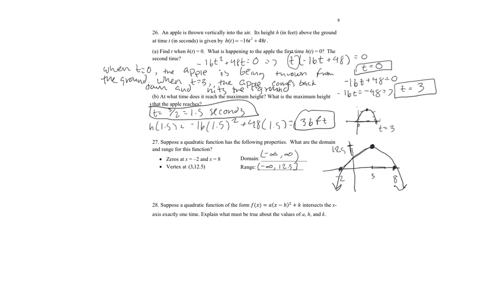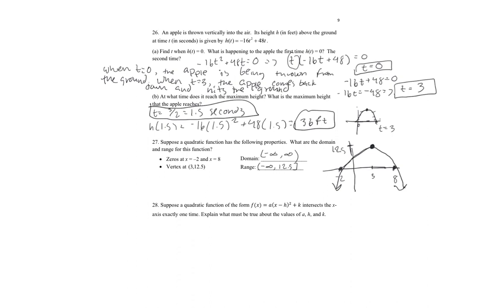Okay, so on number 28, it says suppose a quadratic function intersects the x-axis exactly one time. Explain what must be true about the values of a, h, and k. Okay, so if we think about this in graphic terms, if we take a look at the number 27 graph, it intersects the x-axis twice, right?